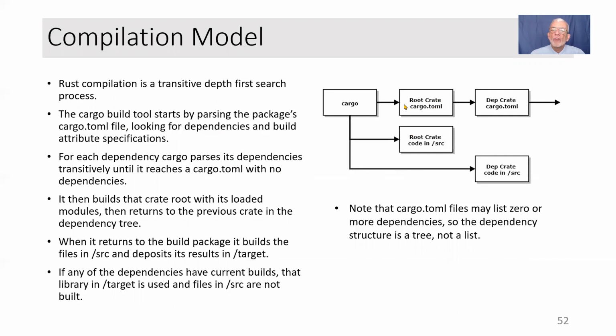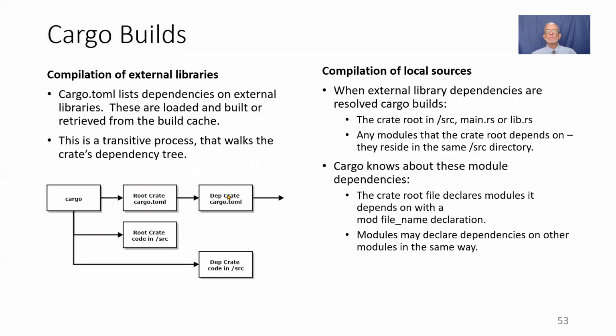Okay, and then when it's all done, it builds this crate and stores it. It builds the code in the source directory and stores it in a target directory. So now when Cargo builds, we compile external libraries.